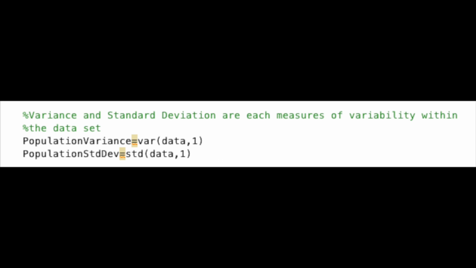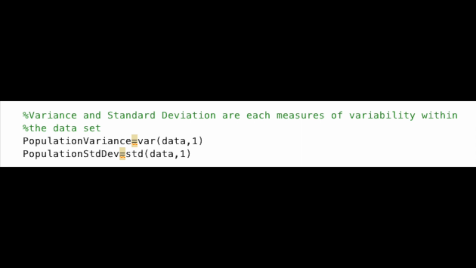Next, we'll calculate the population variance and population standard deviation of our data set. This can be accomplished using the var and the std functions of Matlab and applying them to our data set variable data. But since we're calculating population variance and population standard deviation, these are the uncorrected or the biased versions of that statistic.